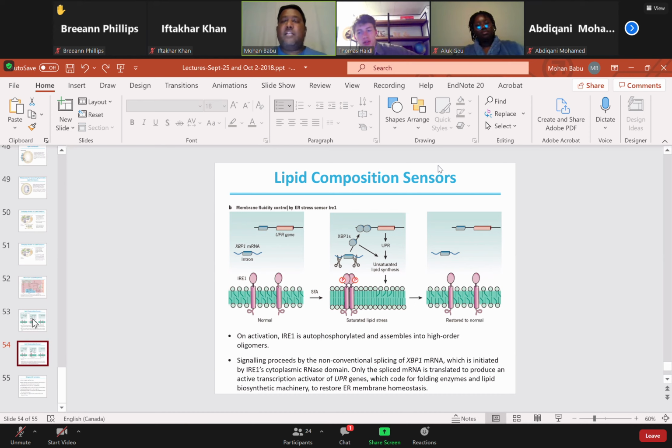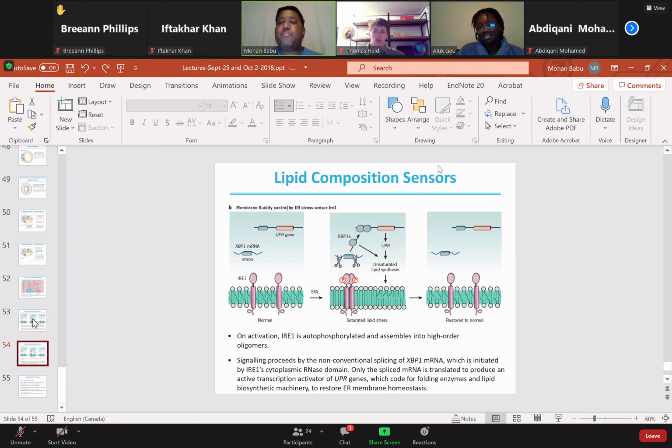Under lipid stress condition, what happens? The membrane becomes saturated, or the membrane becomes perturbed?